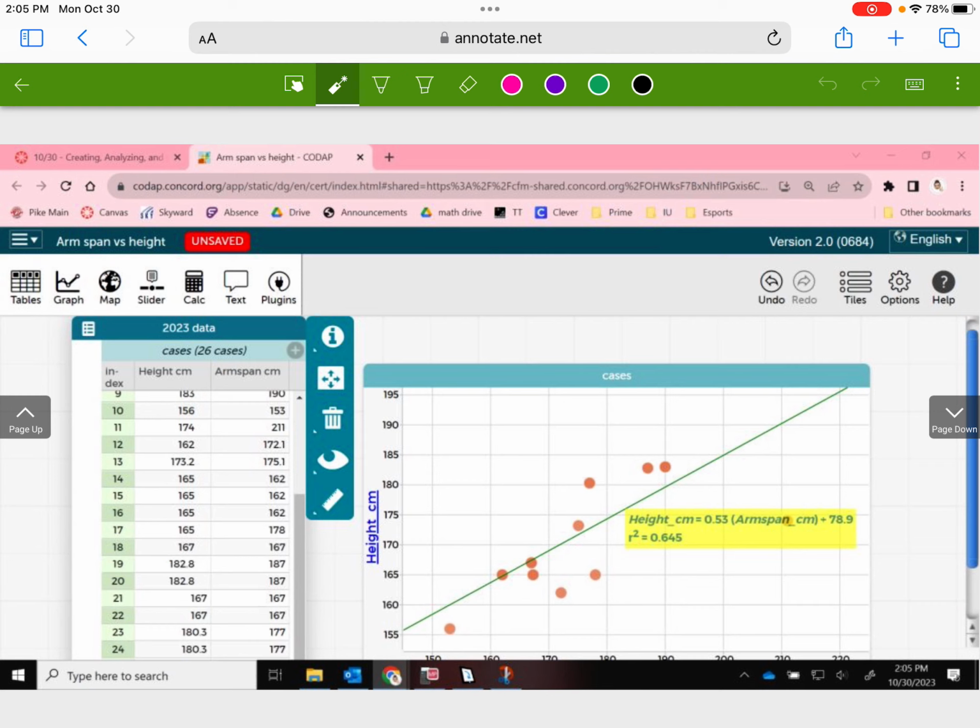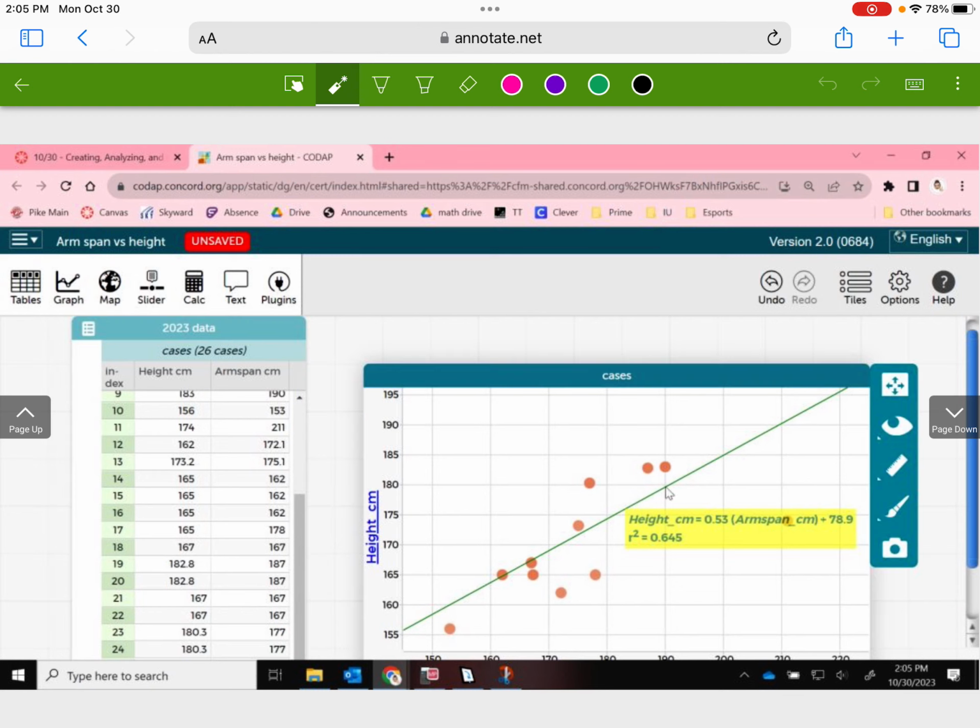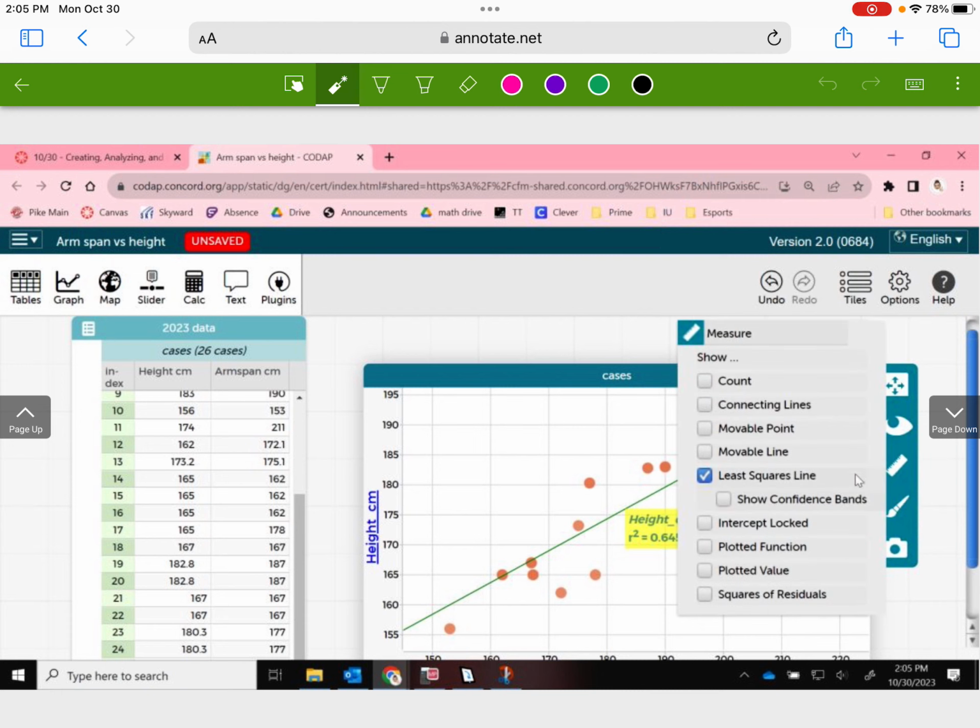So practice working with the data, playing with CODAP, seeing all these things in here. We can do some kind of cool stuff. So where are our squares? Oh, squares and residuals. That's what it is. So these are the squares.